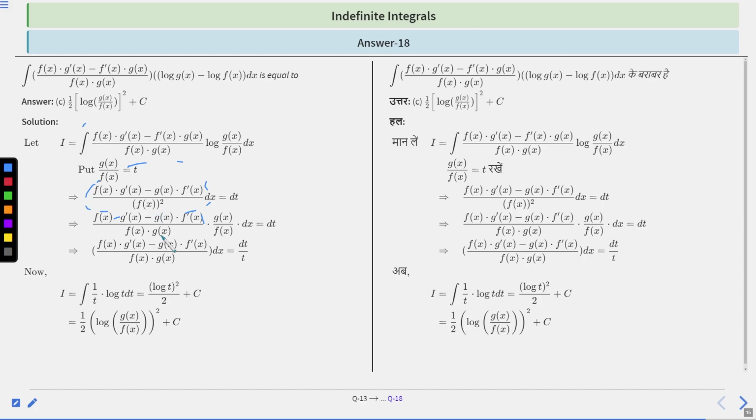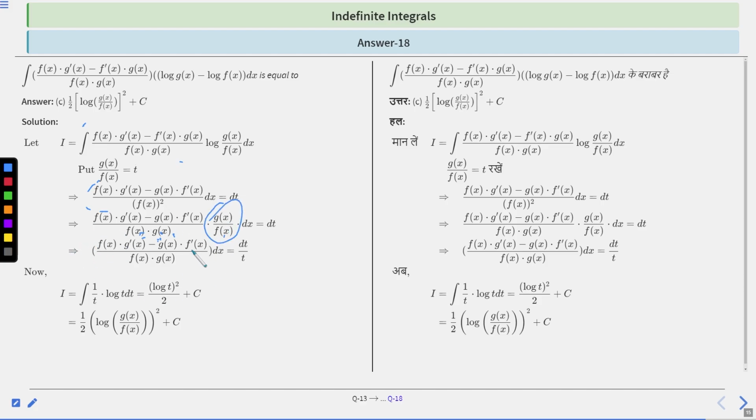We have basically multiplied and divided with g(x) and put one f(x) out of this. So one f(x) will be here, one f(x) will be here, and g(x) will be multiplied and divided.